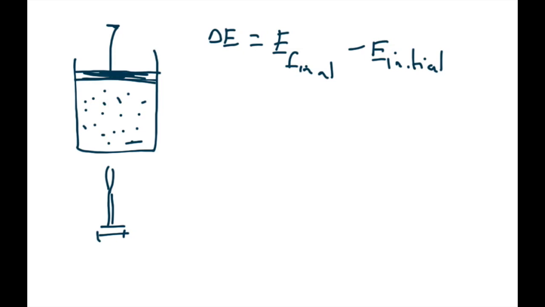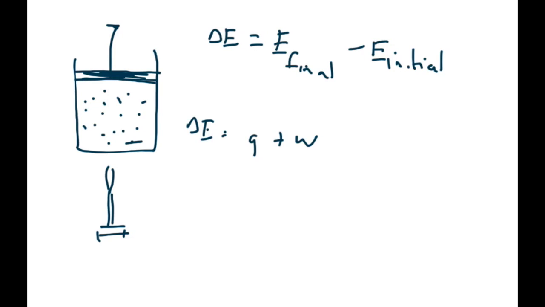Hopefully that's legible. I'm trying to minimize the sound the pen makes. So we can't really determine, per se, the actual values of the final energy and the starting, but we can determine the change by applying the first law of thermodynamics. So delta E is related to heat and work. Delta E equals Q plus W. That is our starting formula for this chapter.